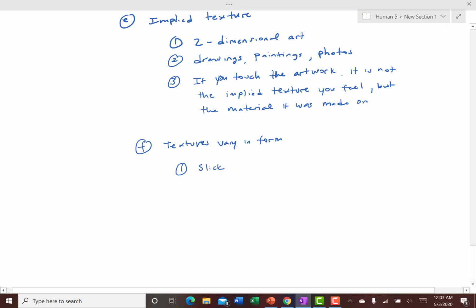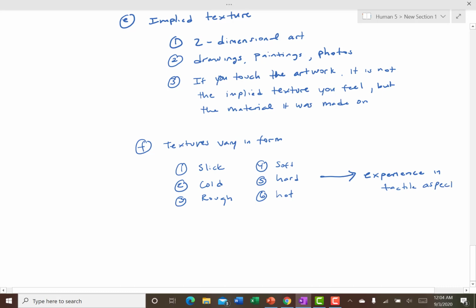So if something was slick or cold or rough, you can have soft, you can have hard, whatever else in that sense: slick, cold, rough, hot, prickly, any of those sensations, right? And these are all things that we know because of experience, that tactile aspect of touching objects.